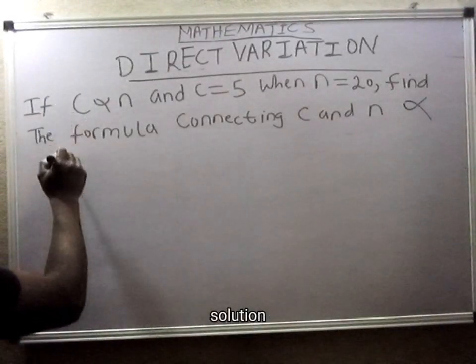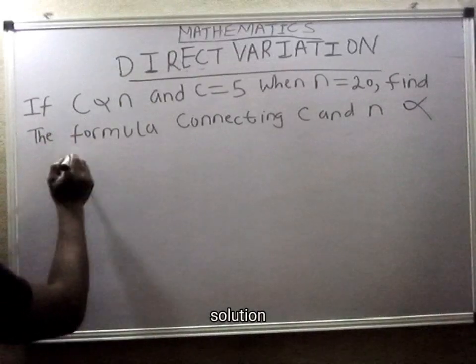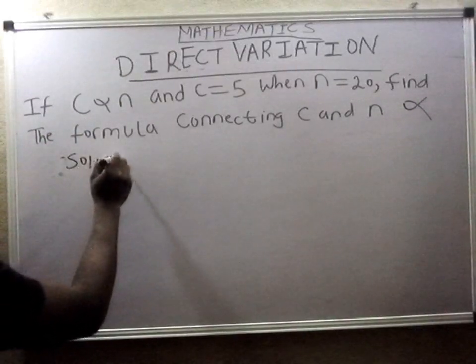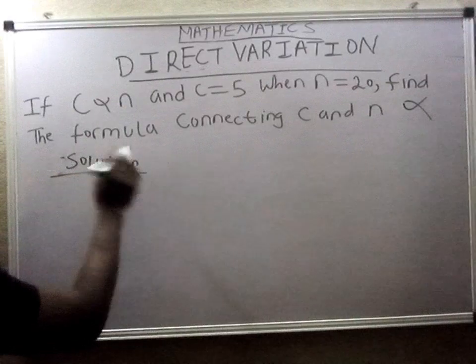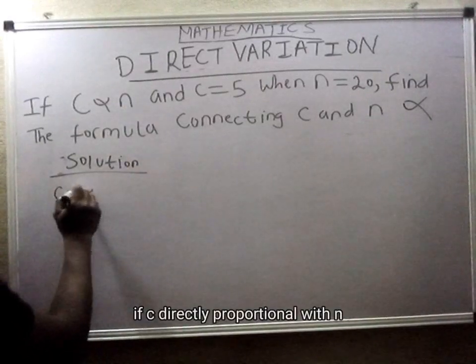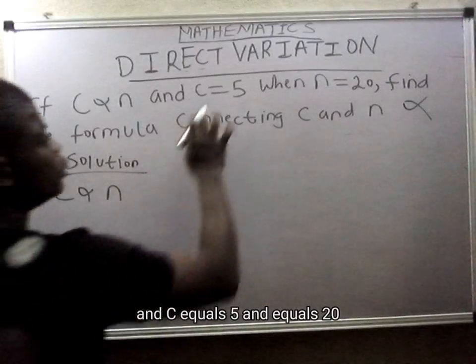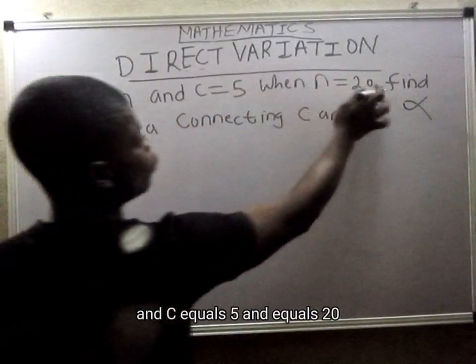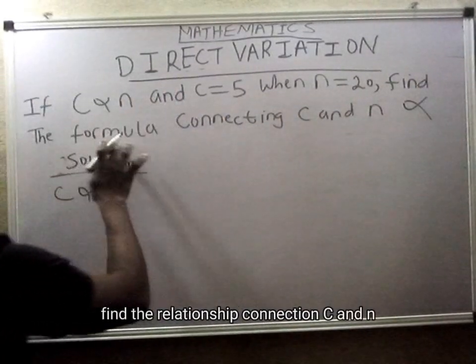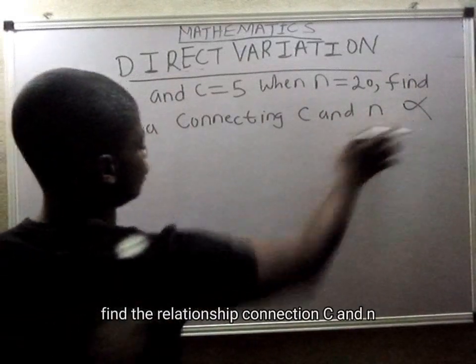Question 1: if C is directly proportional to n, and C equals 5 when n equals 20, find the relationship connecting C and n.